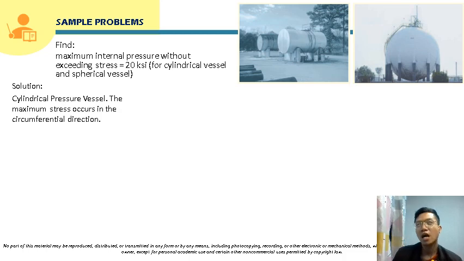In short, the maximum stress here will be the tangential or circumferential stress, since it will have a greater value than the longitudinal stress, right? So we are going to solve for the tangential or circumferential stress, which is equal to PR over T.